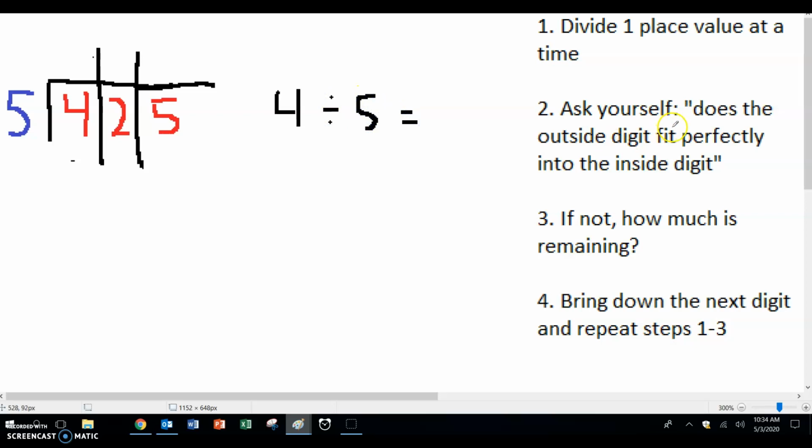Now let's ask ourselves, does the outside digit, 5, fit perfectly into the inside digit, 4? Well, let's check by skip counting. One group of 5 makes 5, and we're already over 4. 5 does not fit into 4. So now watch closely as to what we do. Because 5 does not fit into 4, we are left with a remainder of 4.